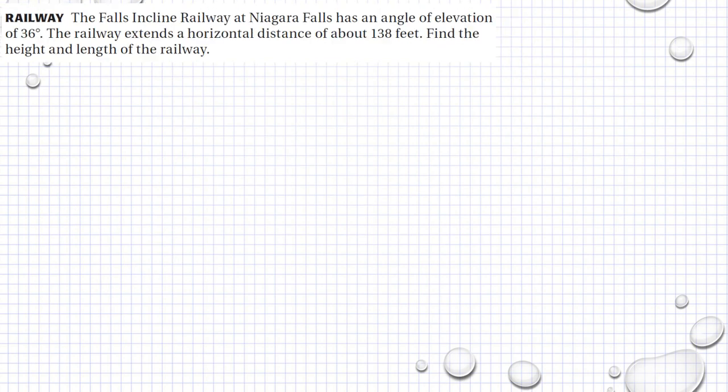Okay, next. The inclined railway at Niagara Falls has an angle of elevation of 36 degrees. The railway extends a horizontal distance of about 138 feet. Find the height and the length of the railway.